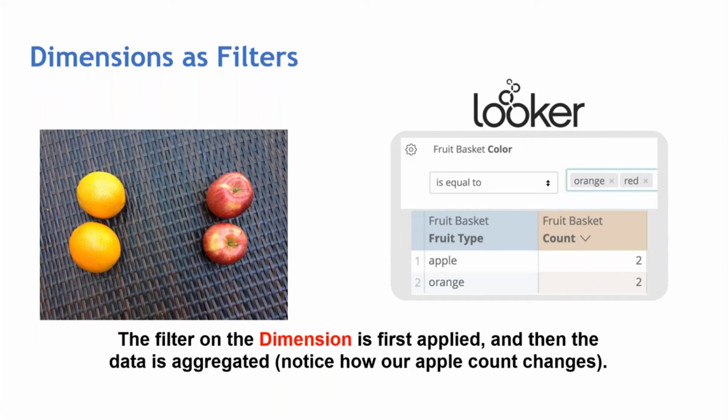When we apply a filter on a dimension, the filter is first applied and then the data is aggregated. As you asked in the earlier question, the filter is applied first and then the aggregation. Here we don't have the functionality right now to apply a filter on aggregated fields. We are just applying filters on dimensions directly.